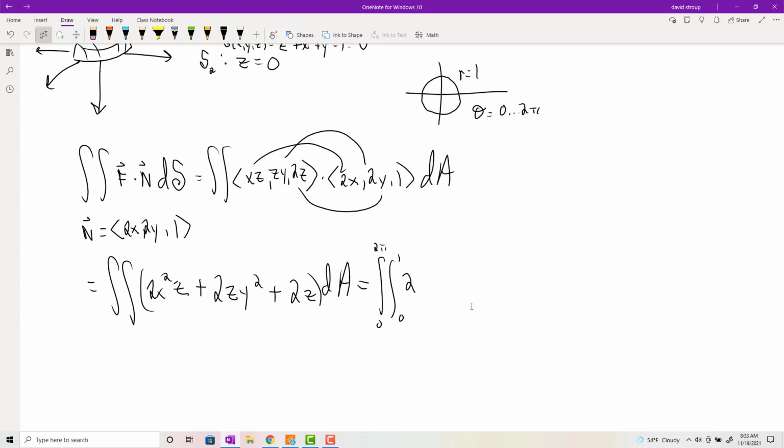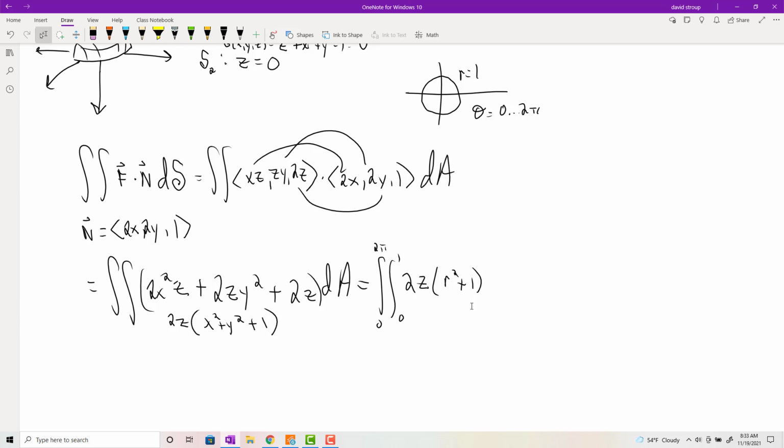So you have 2z times, what would this be if I factor out the 2z? 2z times x squared plus y squared plus 1, right? So you'd have 2z times r squared plus 1, and then you have the r d theta, right? So seems like I'm missing something though.